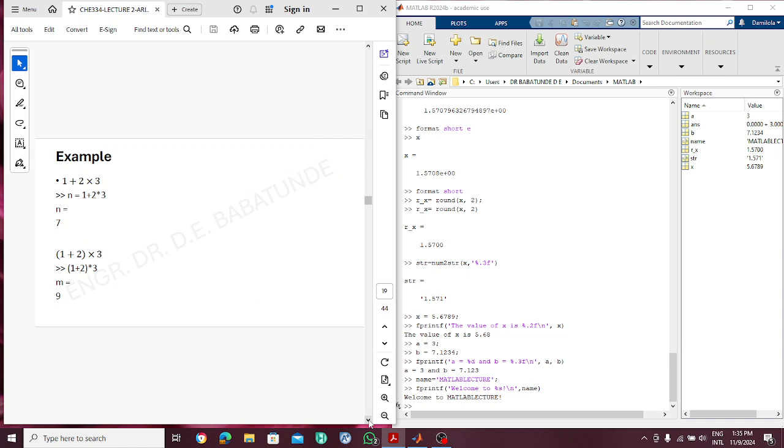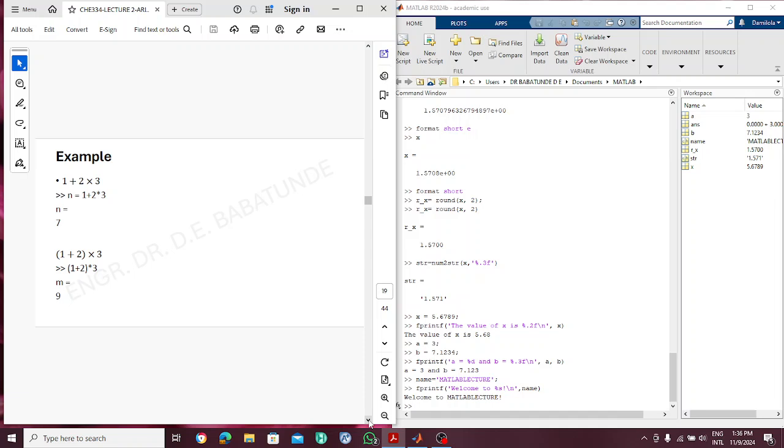So let's say, for example, looking at the example on the board, we have 1 plus 2 times 3. MATLAB is going to compute the 2 times 3 first, because multiplication is of higher precedence than addition. Once it gets that value, then it computes the 1 plus the value that it has generated by computing 2 times 3.